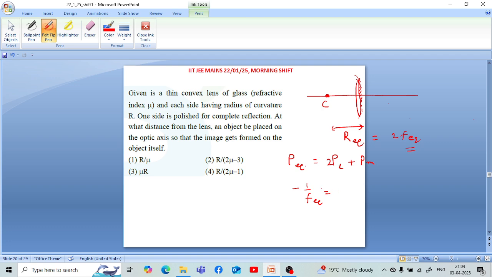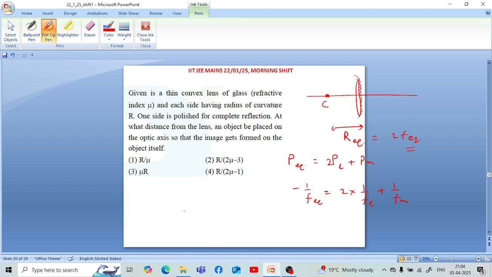So, minus 1 upon f equivalent equals 2 times PL, and PL is 1 upon FL, 1 upon focal length of the lens. And then the next term here is 1 upon FM, because power of the mirror is 1 upon focal length of the mirror.